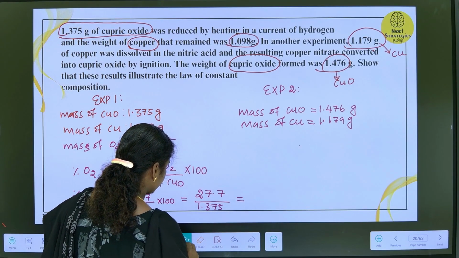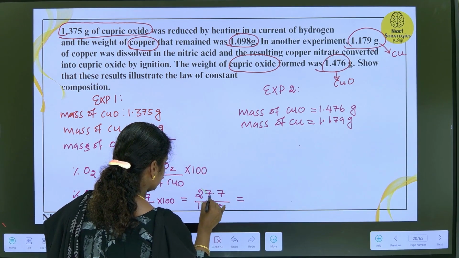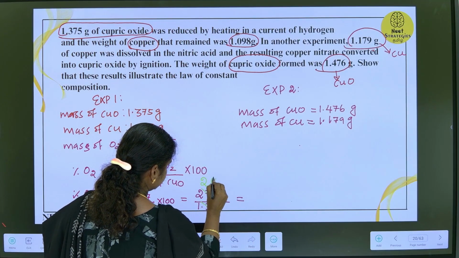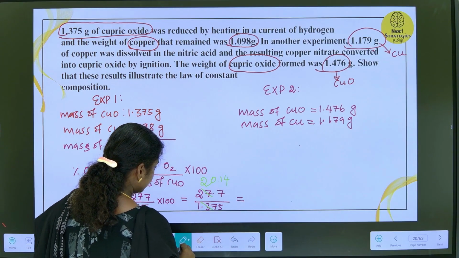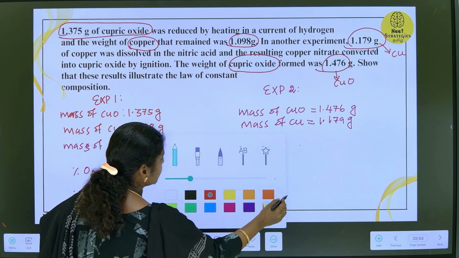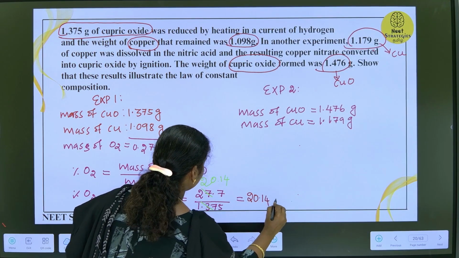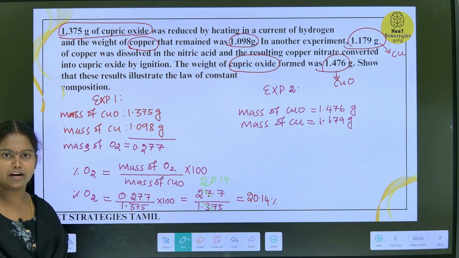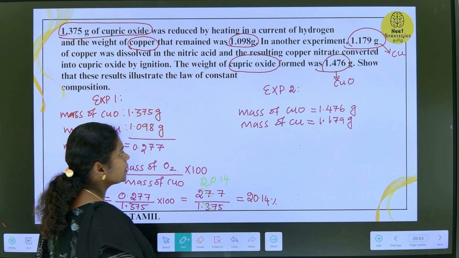So இத சிம்பிளிஃபை பண்ணிட்டோம் அப்படினா, okay, that value நமக்கு எவ்வளவு கிடைச்சிருக்கு அப்படினா, it is 20.14%, ஓகேங்களா. அப்ப percentage of oxygen it is 20.14%. Okay, second experimentல இருந்து நம்ம work out பண்ணிக்கலாம்.